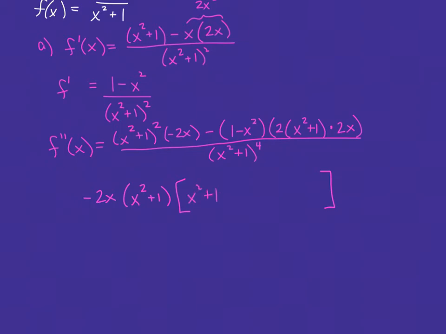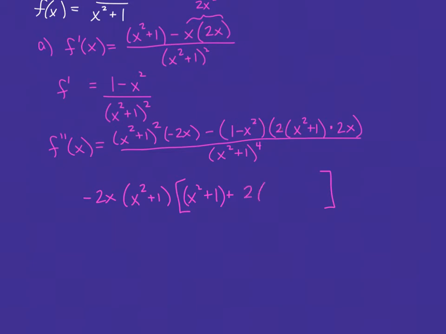And then in the next term, I am left with a couple things. I'm going to have a plus, and because we factored out the negative, and it looks like we already factored out a 2x and the negative and this x squared plus 1, we're left with a 2 and this right here, 1 minus x squared.